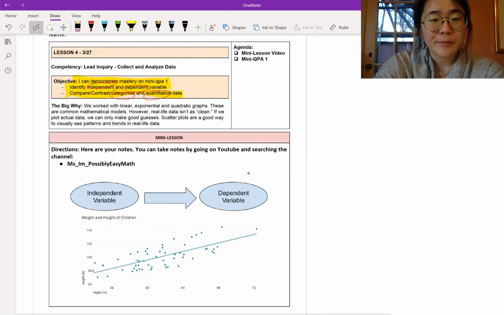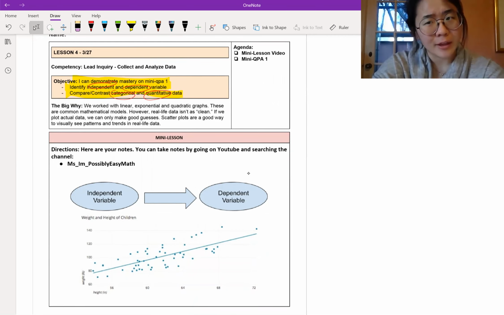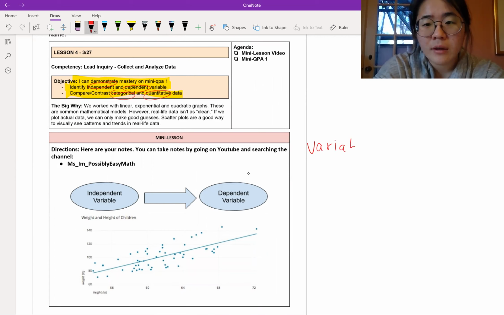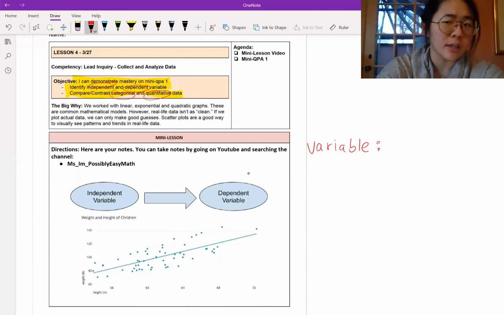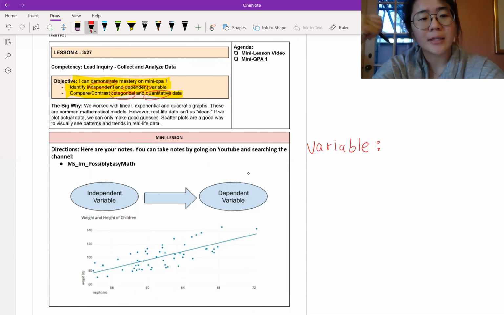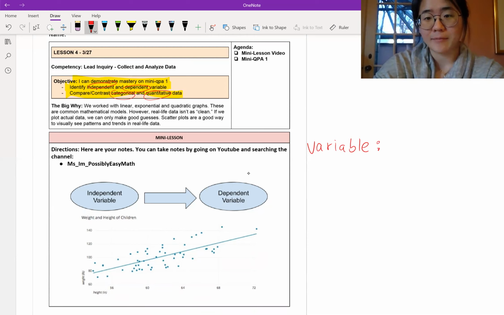Now, before I begin talking about independent and dependent variable, I want to talk about the vocab variable, right? Variables are one of the most interesting things in math because it takes on a lot of different meanings and a lot of shapes and forms, but it's very much the same thing.